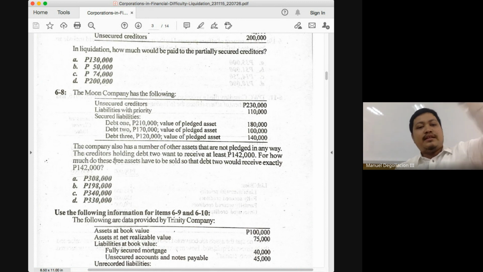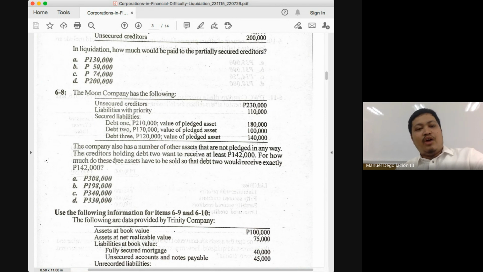Let's understand the given first. How much is the value of debt 1? Is it 210 or 180? 210. Because if at that point you already get it wrong, then you'll have very little chance of getting other questions right. The amount of debt 1 is 210. What then is that 180? That is the value of the asset pledged for debt 1.